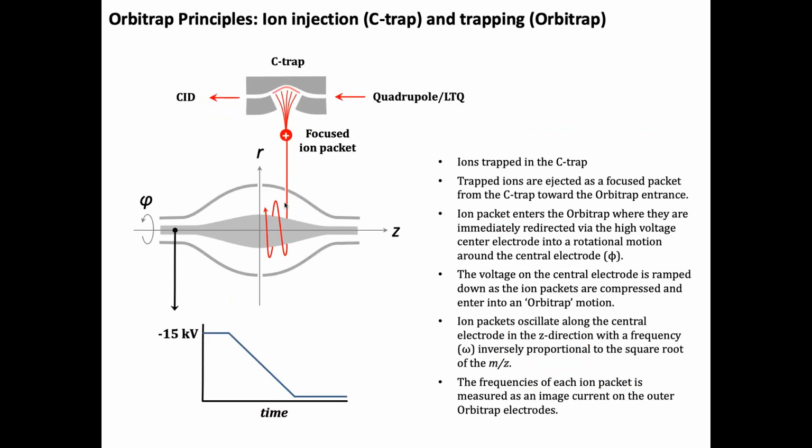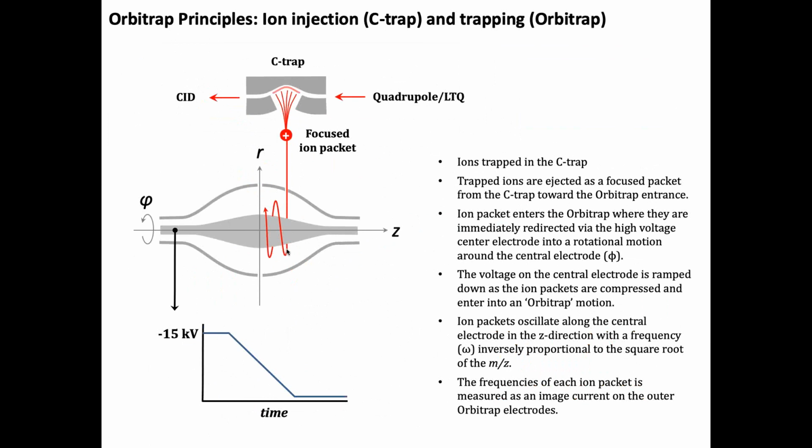All right. So the ions come in, and they see this center electrode, which is sitting at a negative voltage. If I'm looking at positive ions, they come flying through here, and it's off axis. As soon as they come into the Orbitrap, they're a little off axis, if I'm looking down at that center Z electrode.